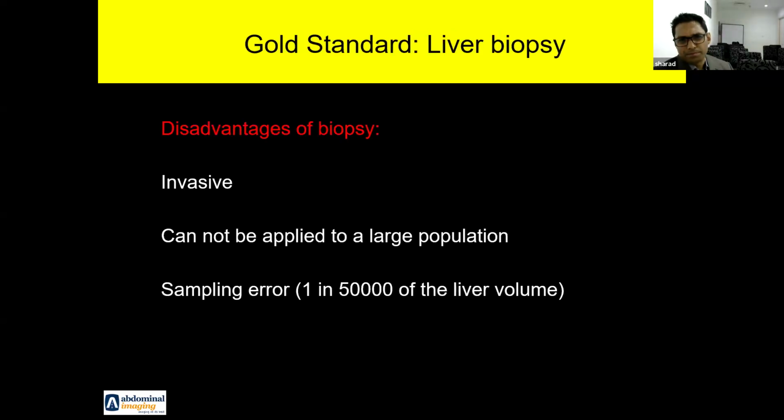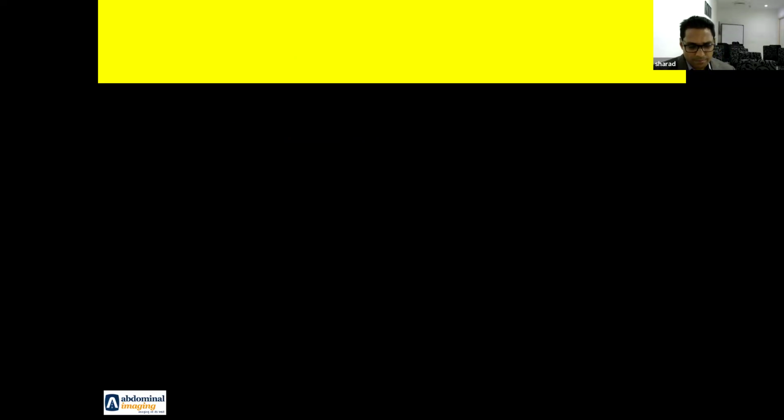Now, to detect all this, the gold standard is liver biopsy. But remember, biopsy is invasive. You cannot apply it to a large population. And imagine you're sampling 1 in 50,000 of the liver volume. And the fat can be geographic, it can be diffuse, but fibrosis is always heterogeneous.